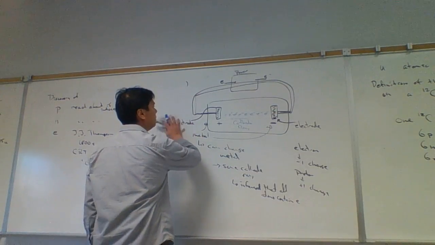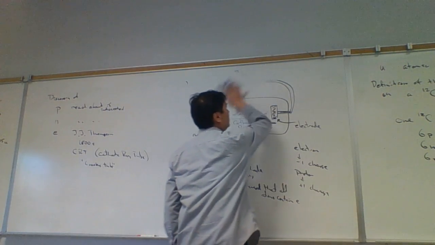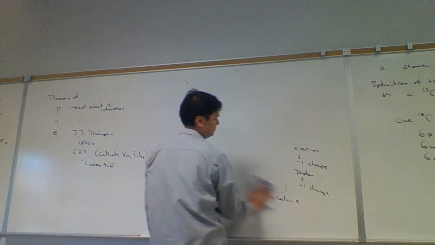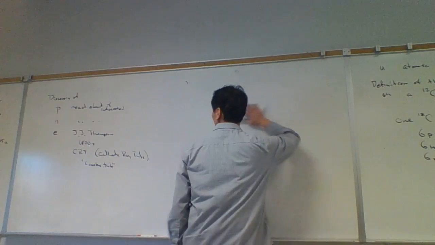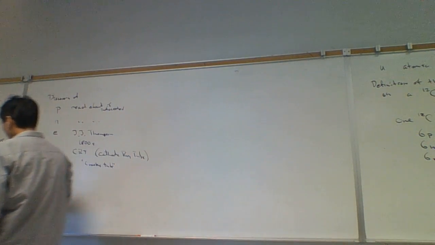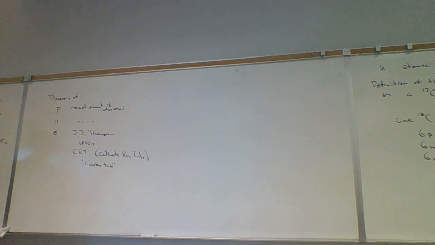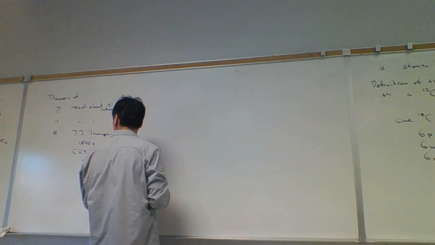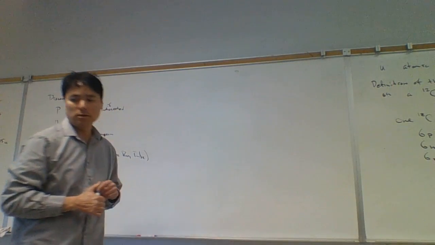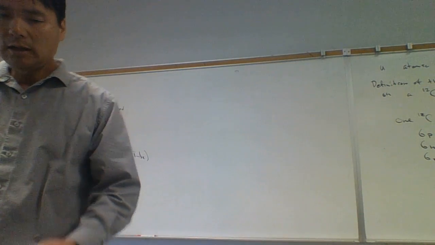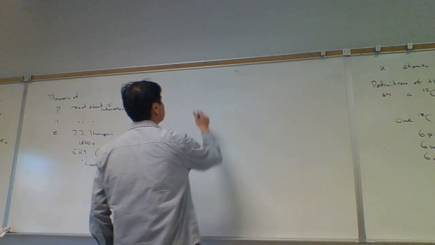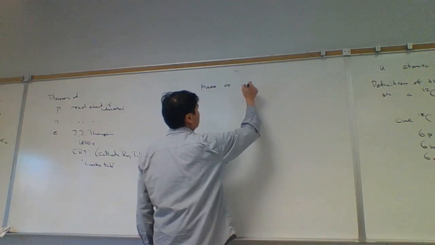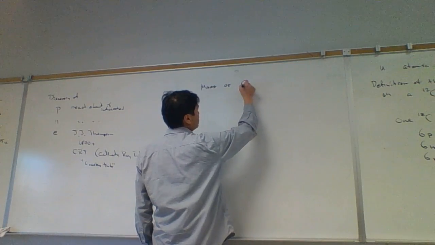Now, how about the mass of these? How do you weigh these things? So let's talk about that next. So this is the discovery. The mass of what we call subatomic particles.